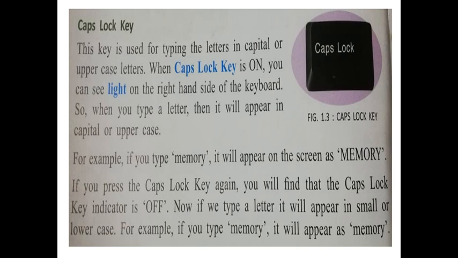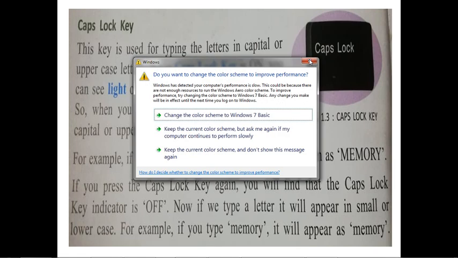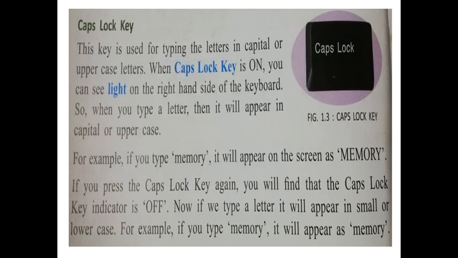Now if we type a letter, it will appear in small or lowercase. For example, if you type memory, it will appear in lowercase. Do you understand everyone? We use caps lock for small or capital letters. If you press it one time, the light on the right side will be on, and all the alphabets will come in capital letters.